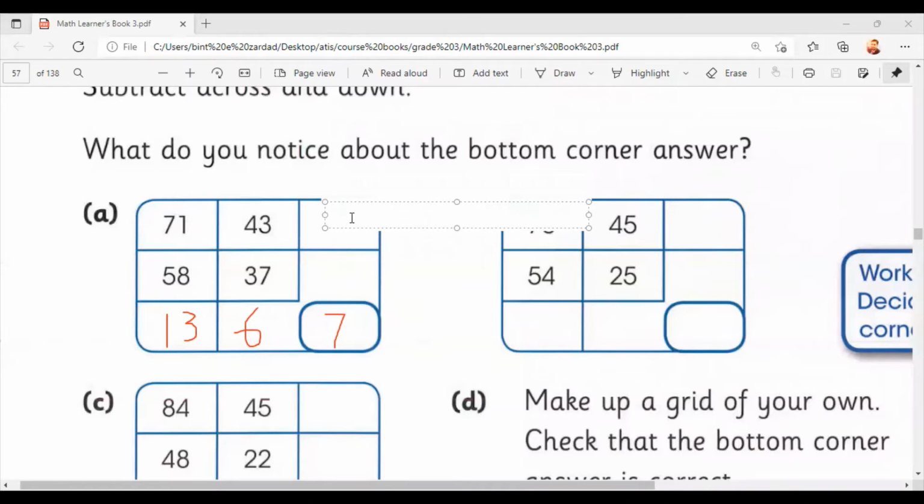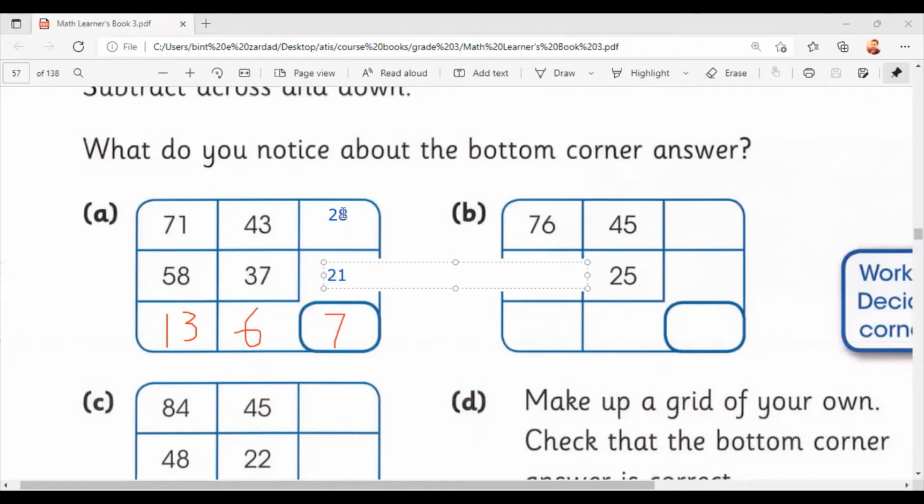We write 8 here. And here remaining 6. 6 minus 4 equals 2, so 28. 58 minus 37 equals 21.